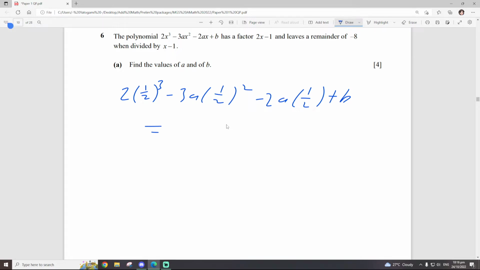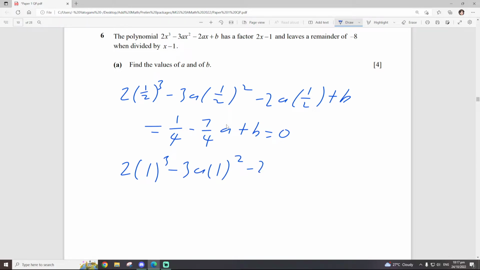So this happens to be 1/4 - 3/4 a, and then this is a itself, so this is 7/4 a - 7/4 a, then plus b, this is 0. And we can also sub in x - 1, so sub in x = 1, so 2(1)^3 - 3a(1)^2 - 2a(1) + b, and this is just 2 - 5a + b = -8.